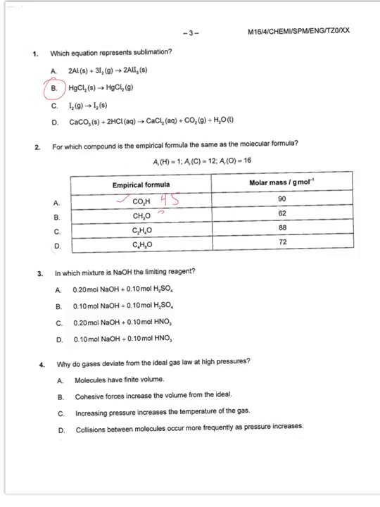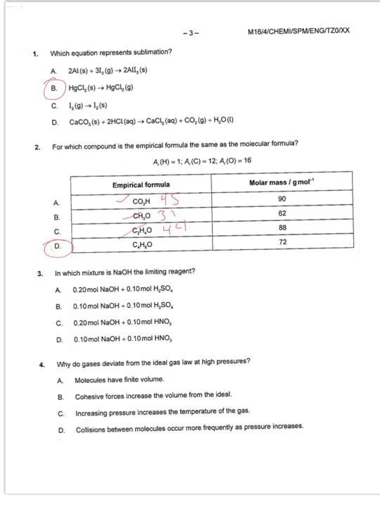So that's going to be twice as much, so that one's not going to work either. C2 is going to be 24, 28, and 16. That's only going to be about 44, so that's not enough. C4, 48 plus 8 is 56 plus the 16. There we have one. 72 is the empirical formula's mass as well as the molar mass given.